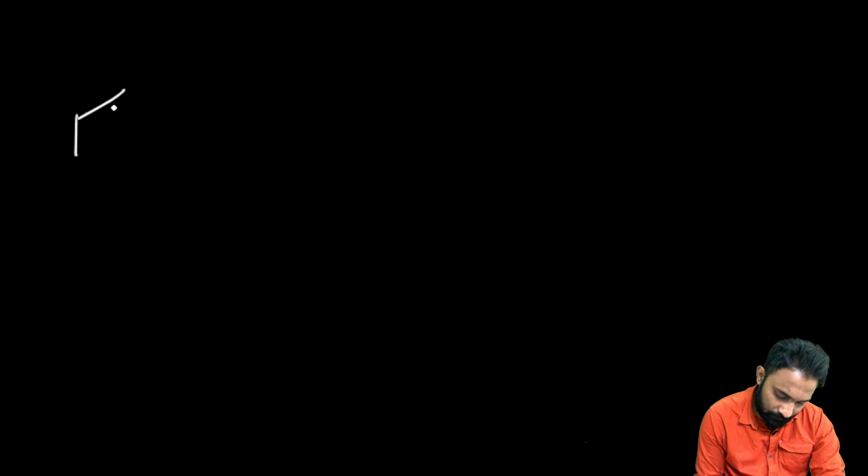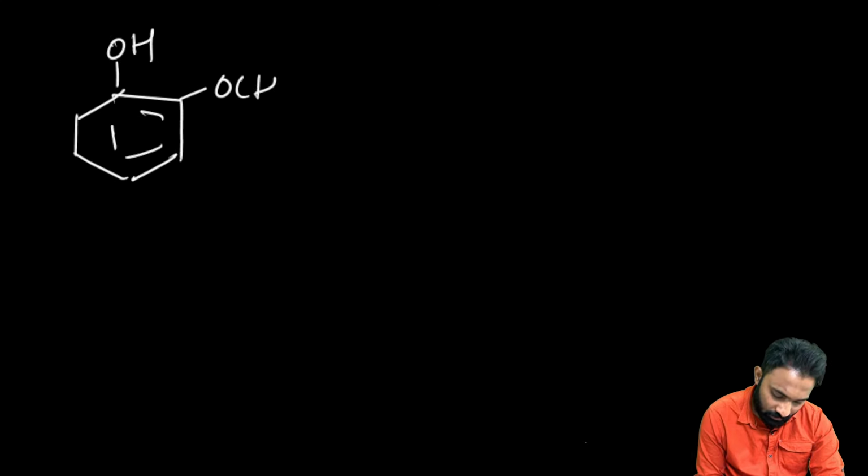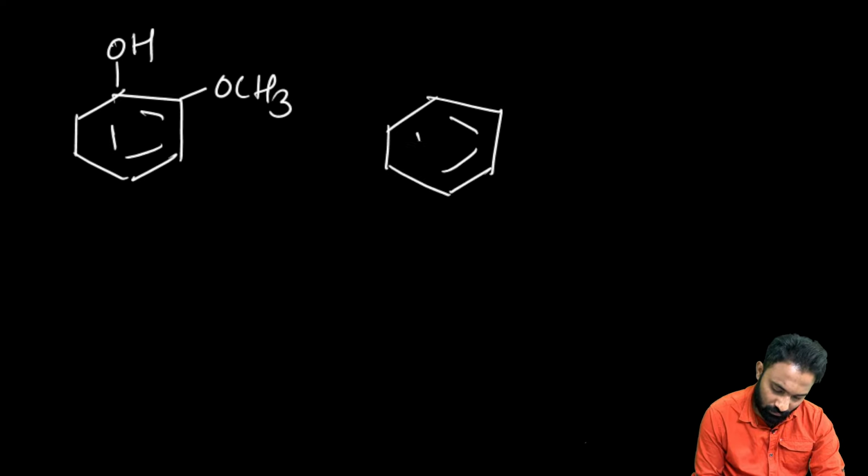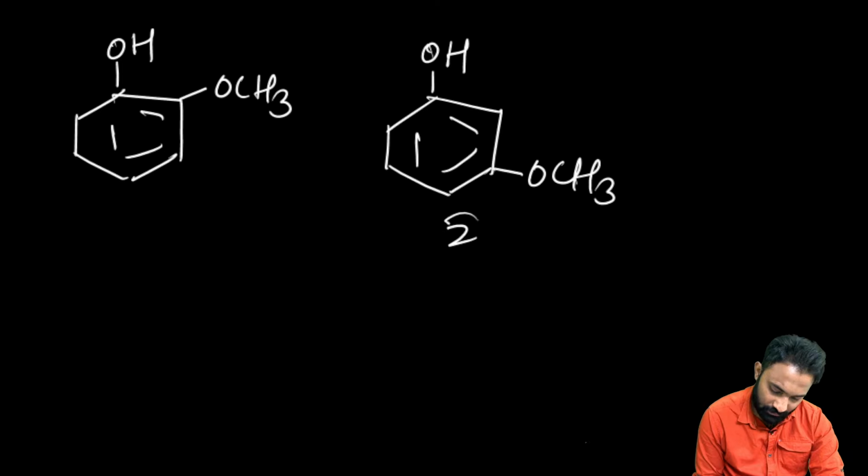Now suppose this is a phenol. In the ortho position, one methoxy group is there. This is the meta position, this is 1, this is 2.